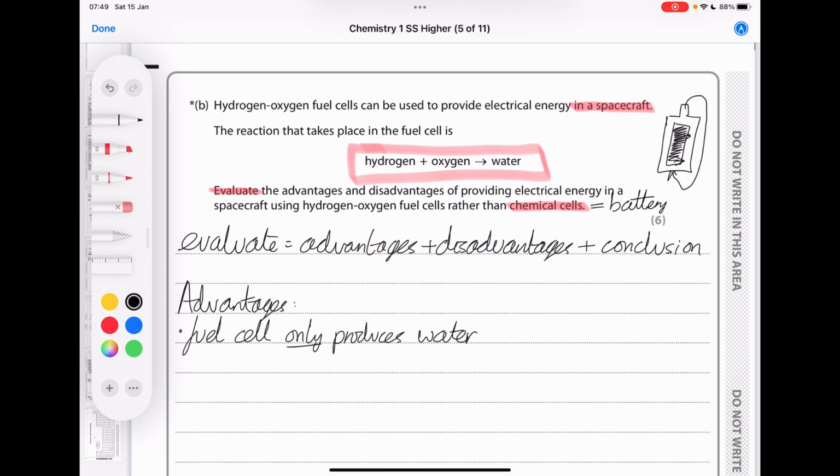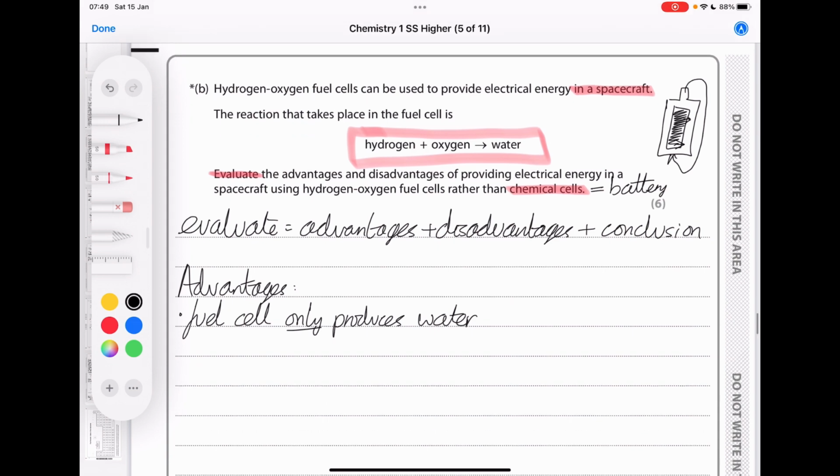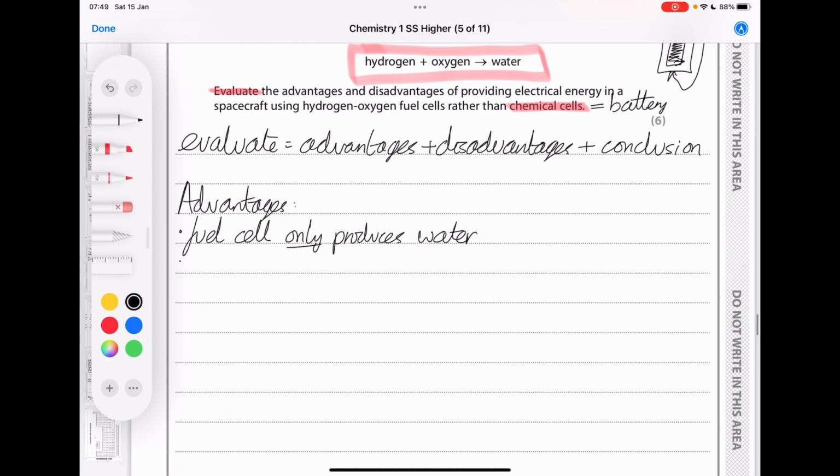The second mark is in a spacecraft, water is really quite handy. So the second thing we could have said is the water produced can be drunk by the astronauts.